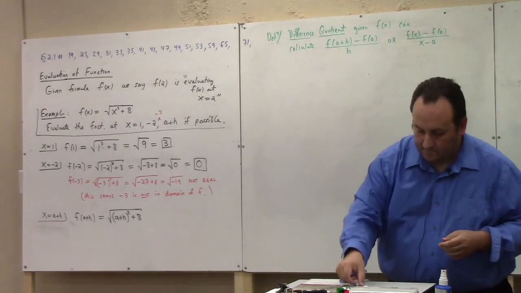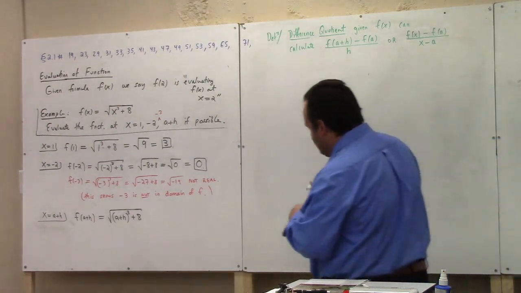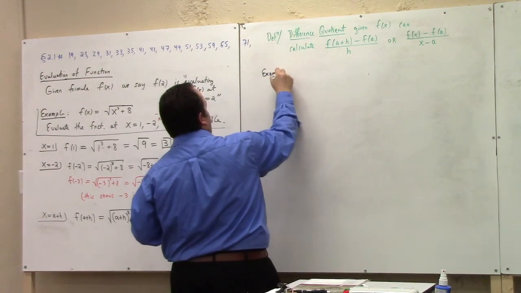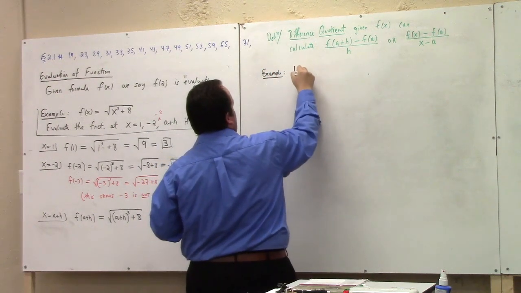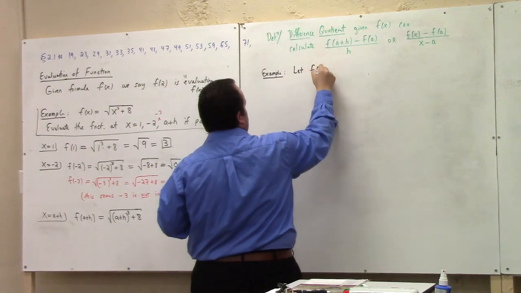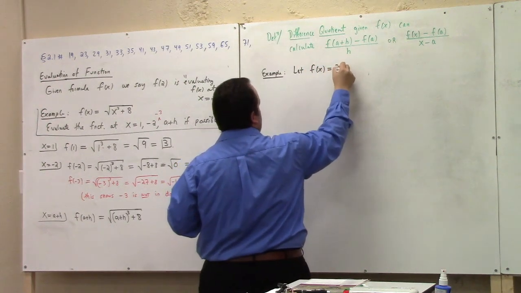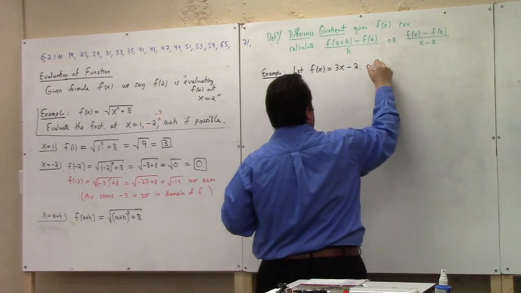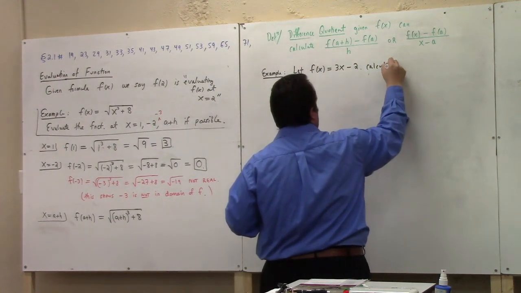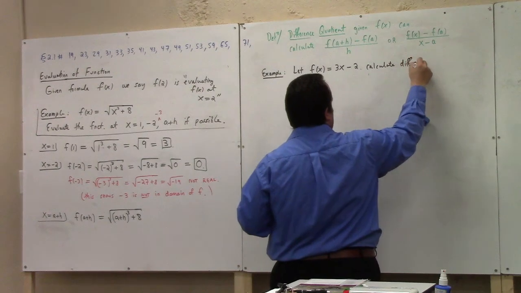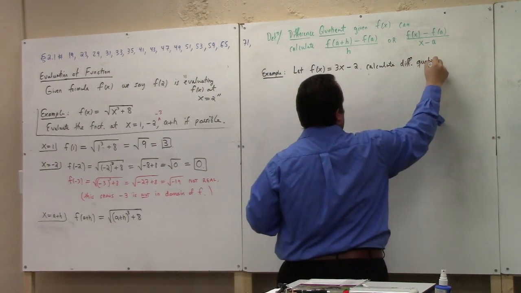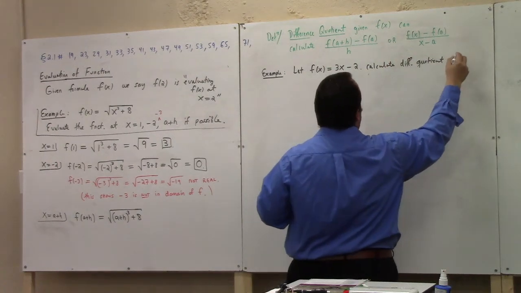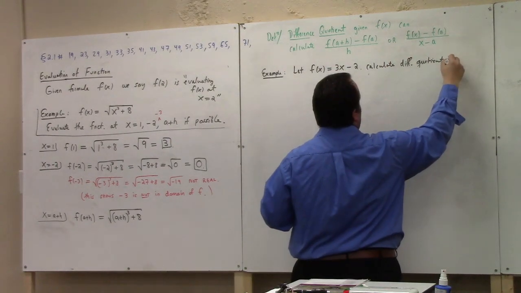Right, so that's one thing we can do. So let's do it. I'll take an example. Let f of x equal 3x minus 2. Let's calculate the difference quotient as above.